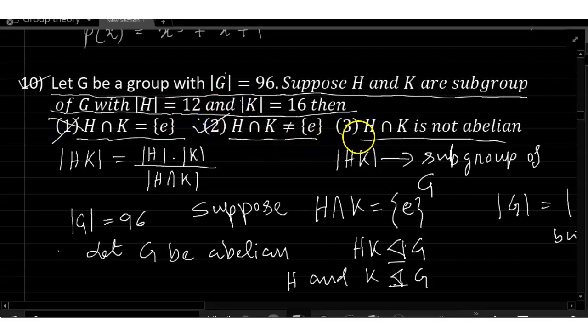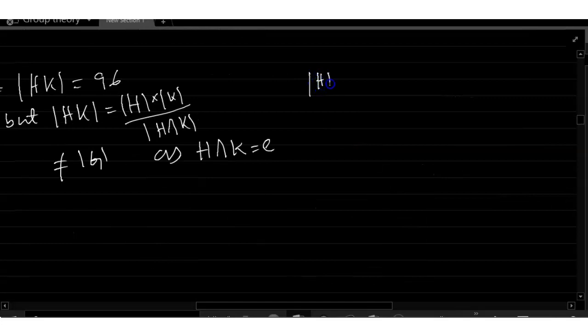And number 3, that H intersection K is Abelian. Now the order of HK, so I use Lagrange's theorem.